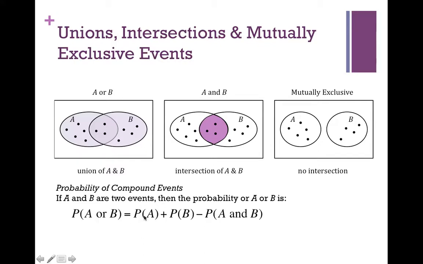Take the probability of A plus the probability of B and then subtract the probability of A and B. So those in the overlapping area that got counted twice, we're subtracting one of those off.